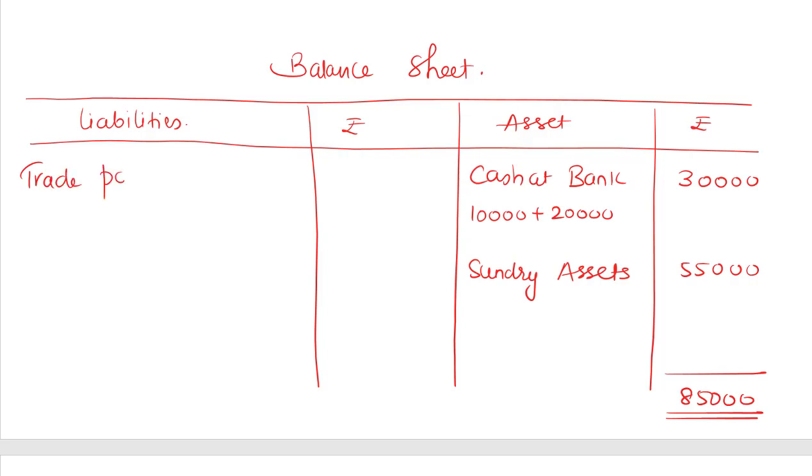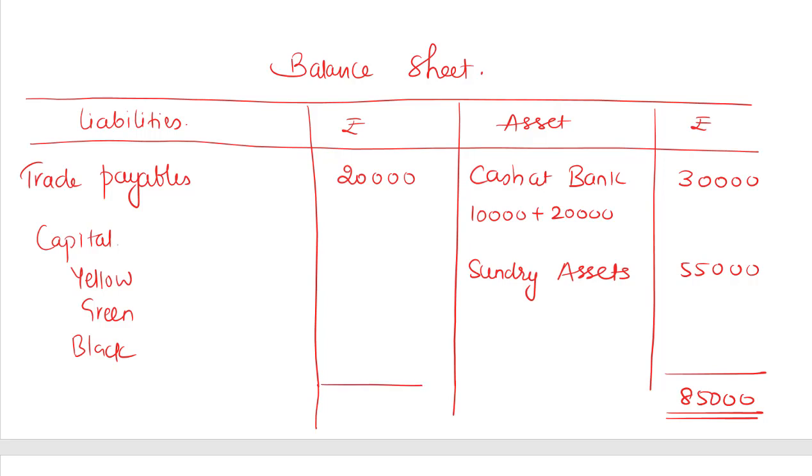On the liability side, trade payables 20,000. Capital: Yellow, Green and Black. Black's capital will be 20,000. Yellow and Green's capital earlier was 25,000 and 20,000.